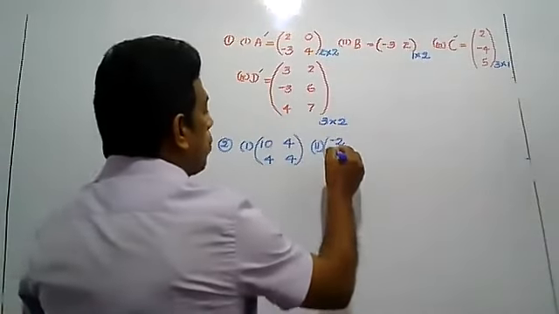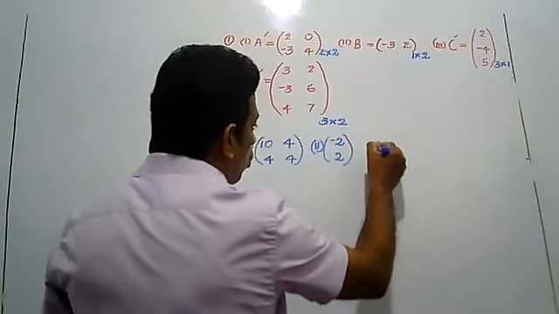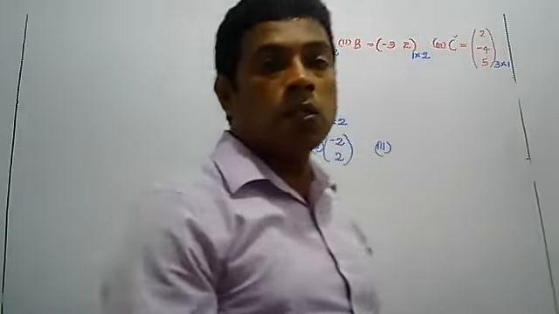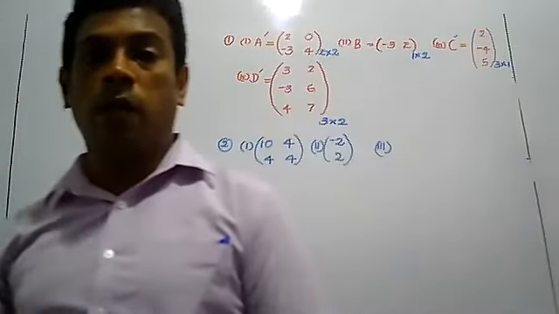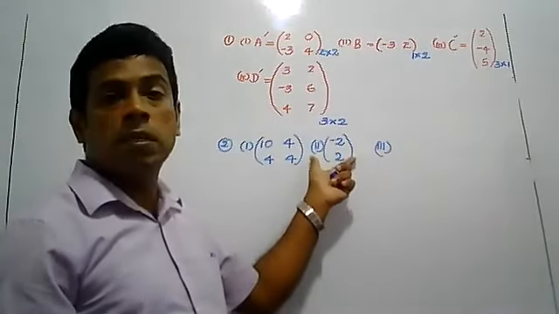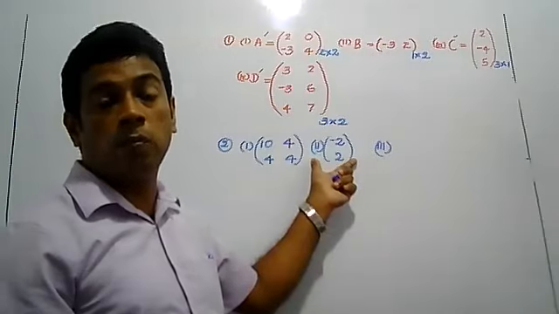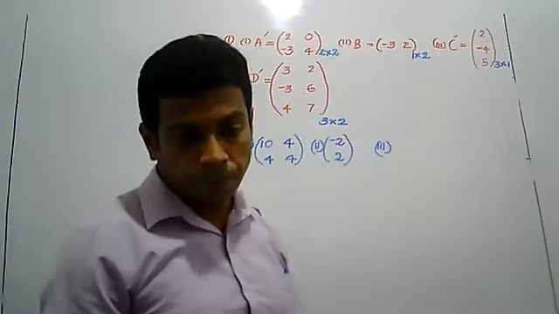Minus 4 and 6 when you add, that is plus 2. Answer is a column matrix of order 2 by 1, with elements minus 2, plus 2.